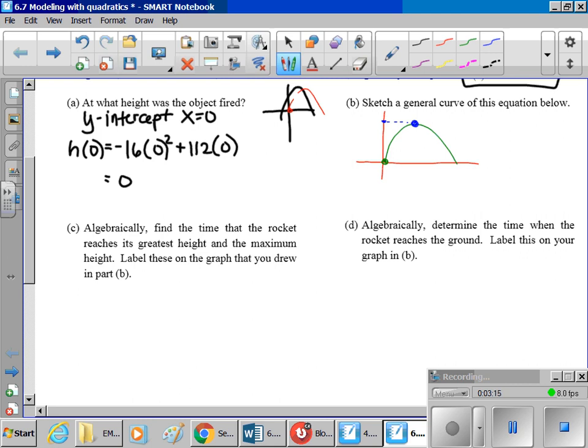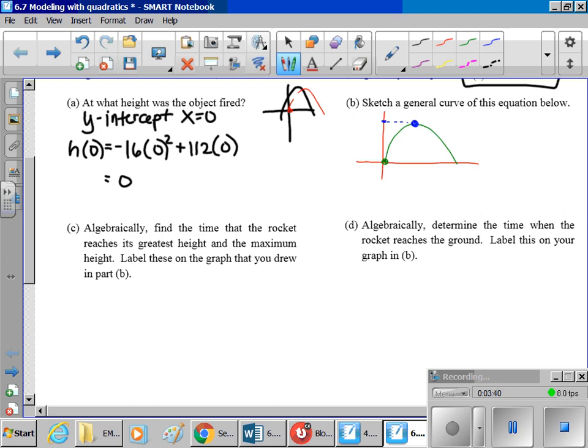So I'm looking for the vertex. Now, do they tell us we have to do this algebraically? It does. But also, you can put this in your calculator, find out what the vertex is, and make sure that what you're doing is right. Now algebraically, you have to determine what the x and the y are of the vertex.